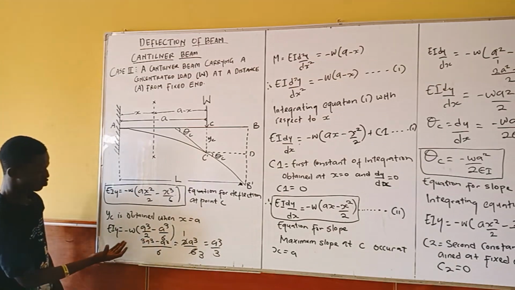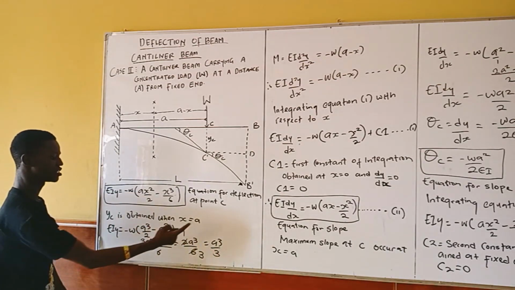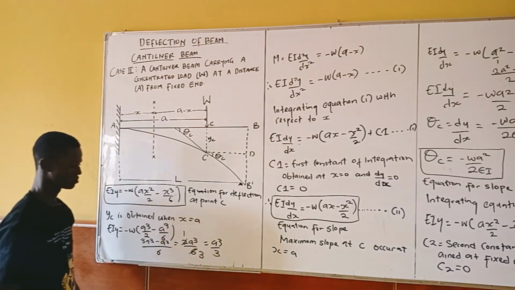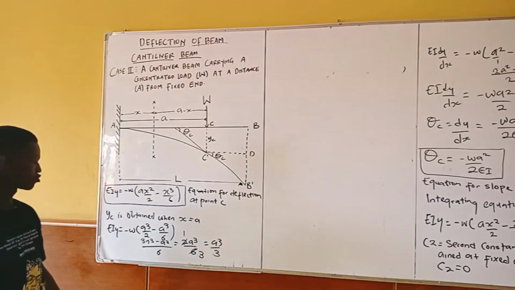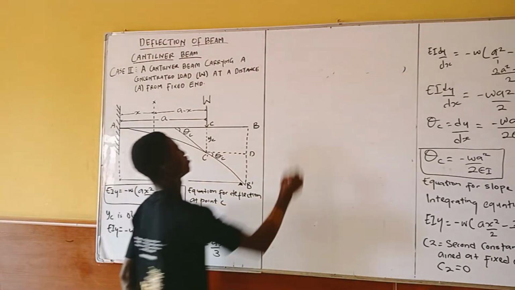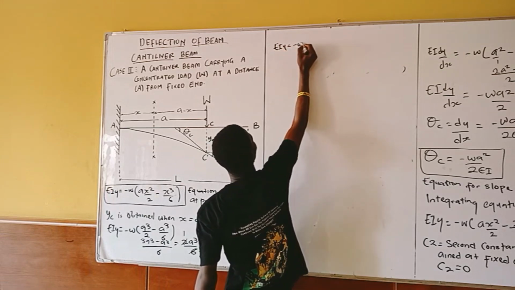Don't forget that it is this bracket that gives me A cube over 3, but I still have my negative W here. So negative W multiplied by A cube over 3 is what EIY equals.